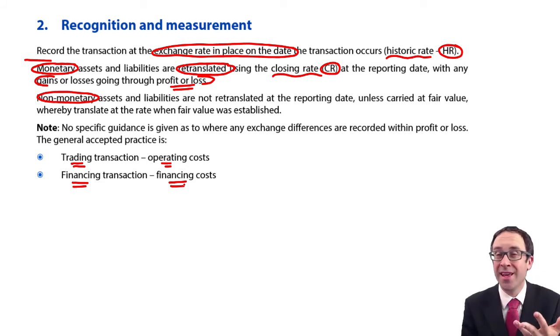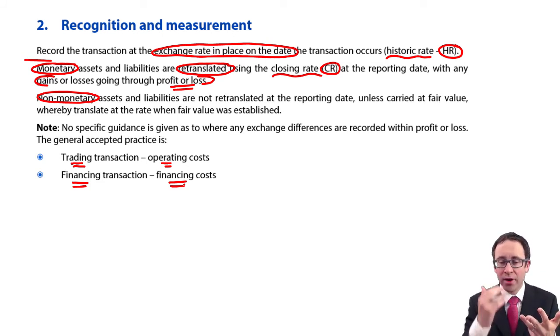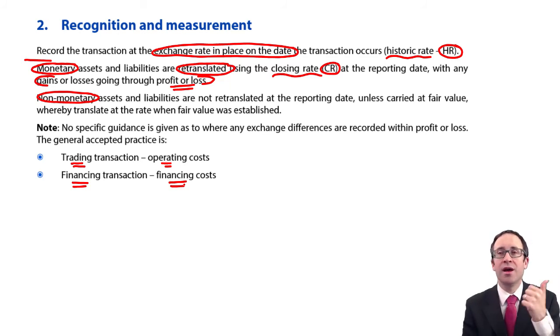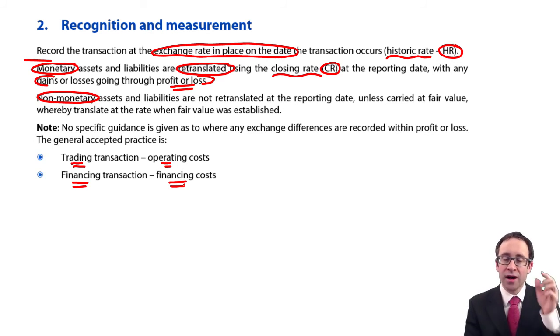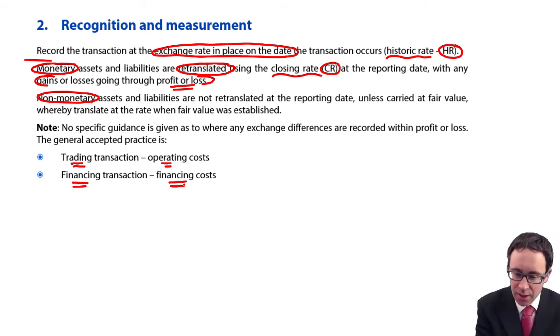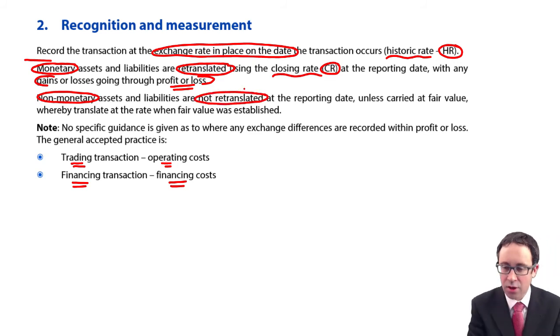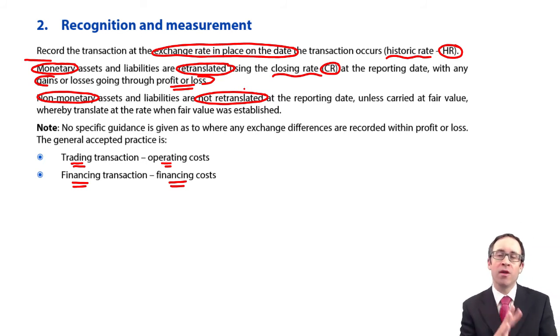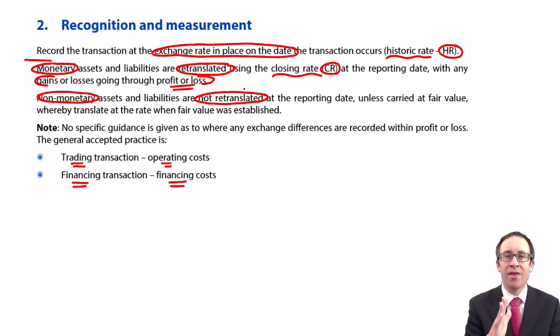I think the key bit at this level, the non-monetary assets that you're likely to see are your inventory and property, plant and equipment. Once you've identified those non-monetary items, just be careful: at the reporting date, they are not retranslated. Okay, so you leave them at what they were translated at, the historic rate. You do not touch them.